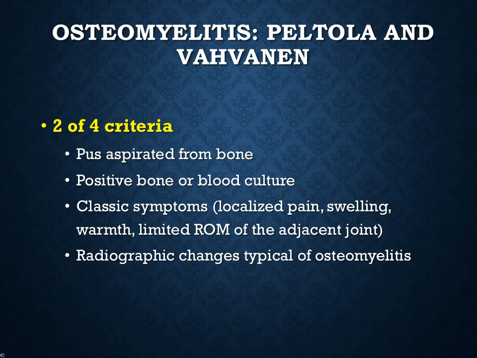The presence of classic clinical features such as localized pain, swelling, warmth, and limitation of range of motion of the adjacent joint reflects active inflammatory involvement. Finally, radiographic changes typical of osteomyelitis further substantiate the diagnosis. The fulfillment of 2 out of these 4 criteria is considered sufficient to diagnose osteomyelitis in a clinical setting.